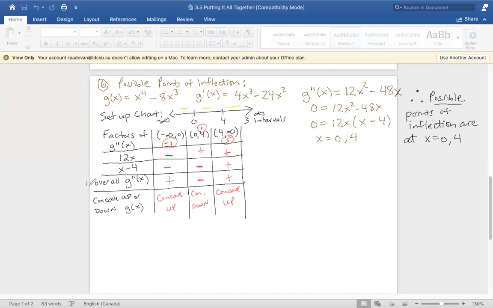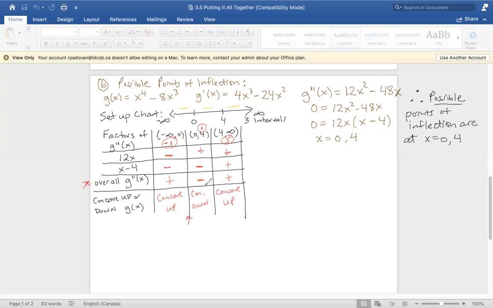So again, this is where I'm looking at this overall row. This is where I'm looking to tell me if I have any points of inflection, because remember the signs have to change. Because the signs changed in the overall row, there are points of inflection.